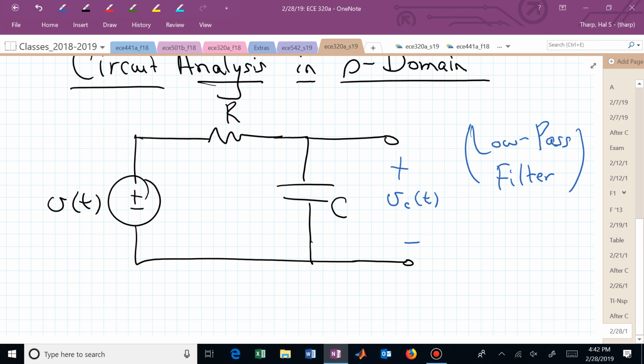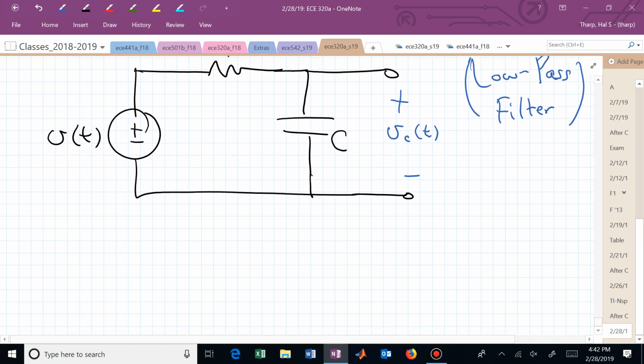ICE, and we have a relationship. We know I is equal to C dV/dt. We usually focus on the variable that is the energy storage variable, or the derivative variable. So we need to focus on the voltage across that capacitor.